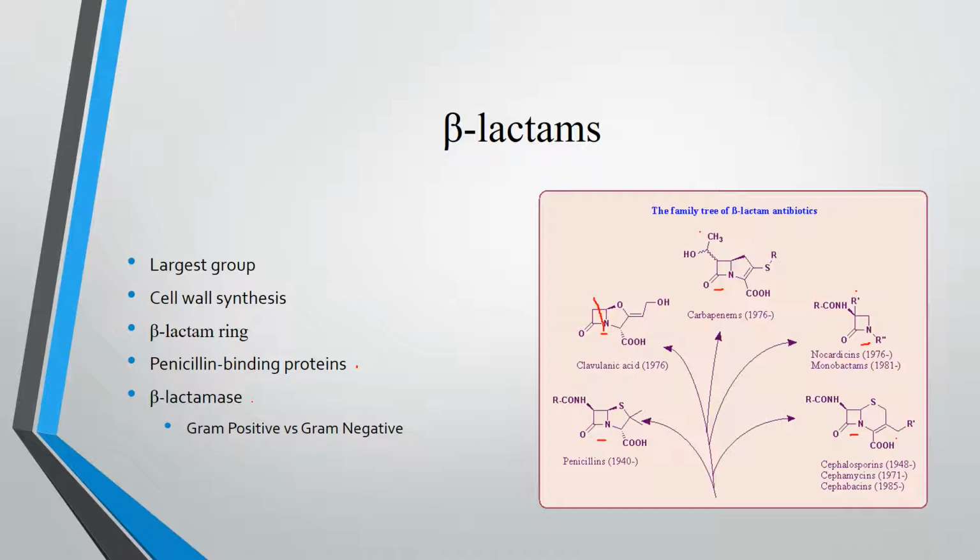Their major function is to actually create the cross-linking within the peptidoglycan. So technically, even though we call them penicillin binding proteins, their technical name would be a transpeptidase because they create that cross-link between the molecules in peptidoglycan.